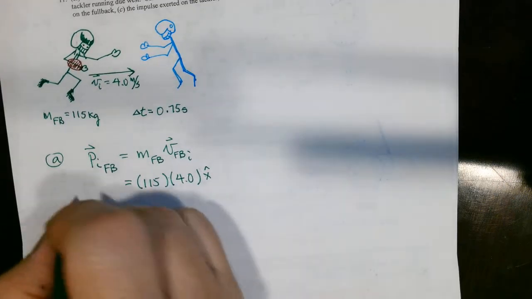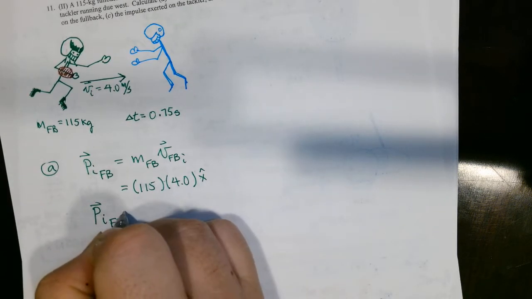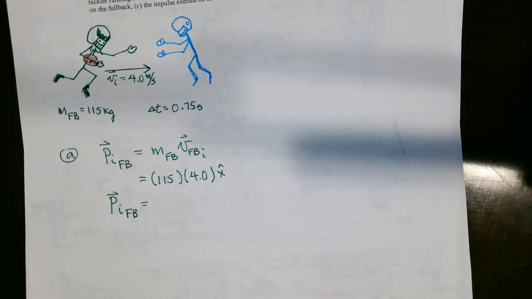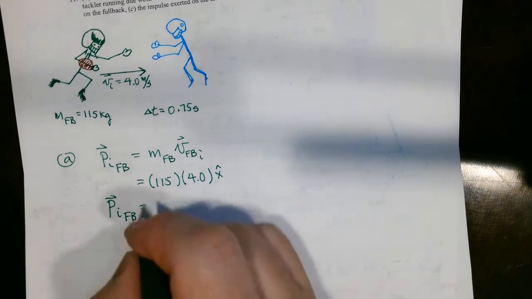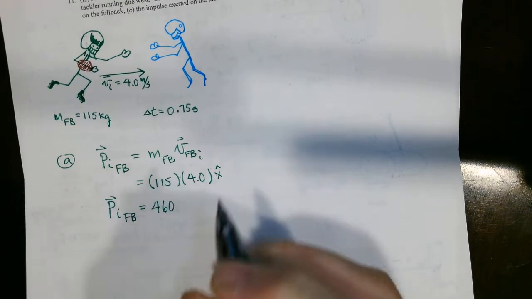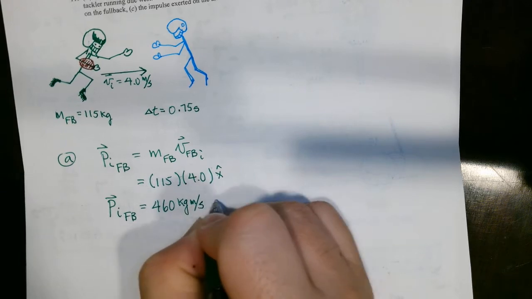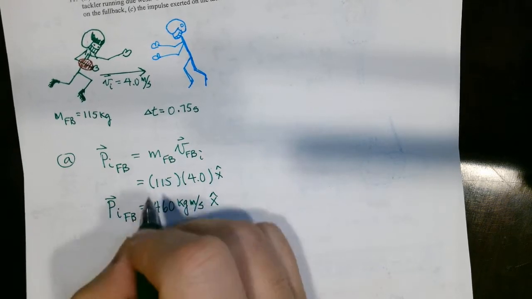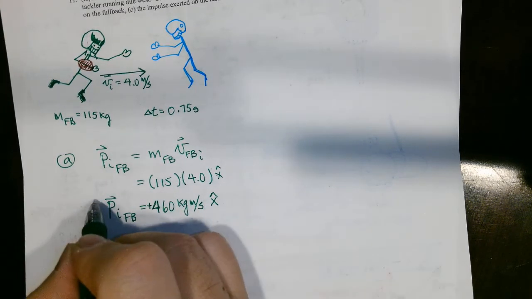If you work it out on a calculator, 115 times 4, I get 460 kilograms times meters per second x hat, in the positive direction.